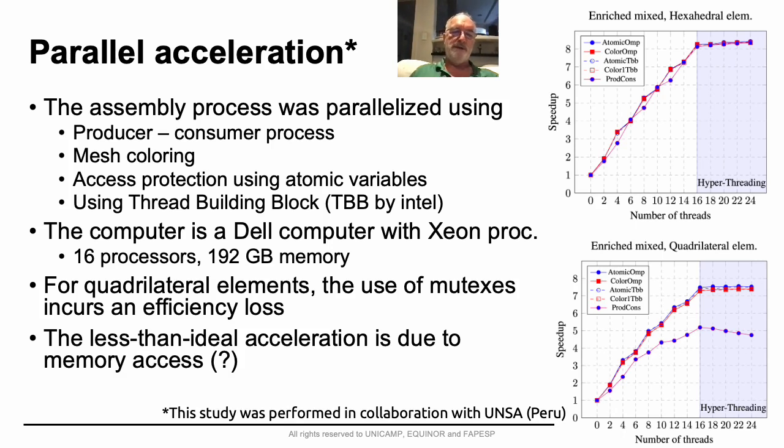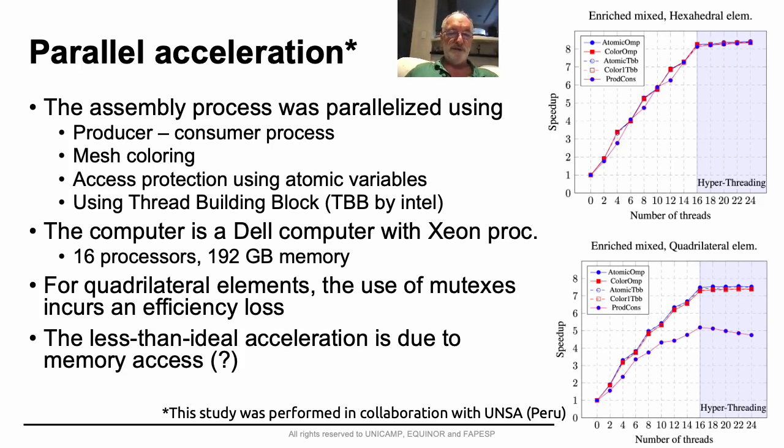We implemented parallelization using atomic variables. And we also implemented parallelization using thread building blocks. We tested this acceleration process on a Dell computer with Xeon processors. There are 16 processors and a lot of central memory.